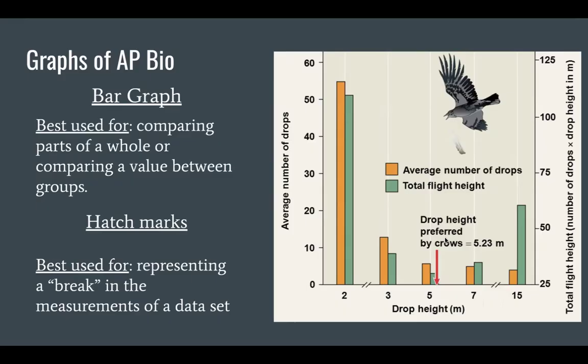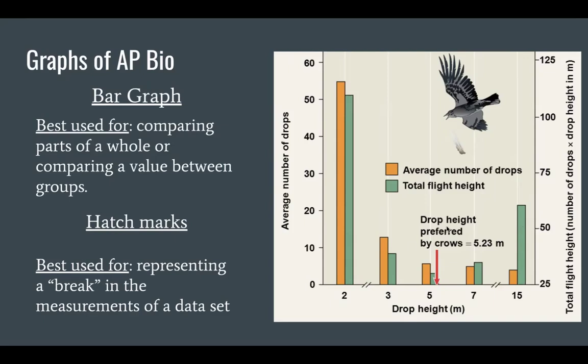Now, looking at this graph, this is just a simple bar graph, but this is also a really good example of the kind of complexity that you might get in an AP Biology FRQ or MCQ, because you have two different y-axes. The left-hand y-axis is showing the average number of drops, and the right-hand y-axis is showing the total flight height.